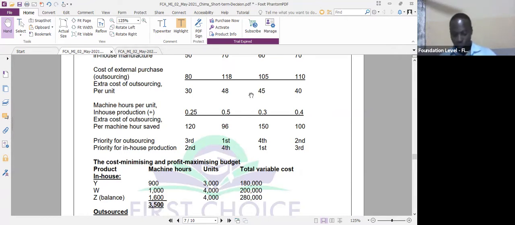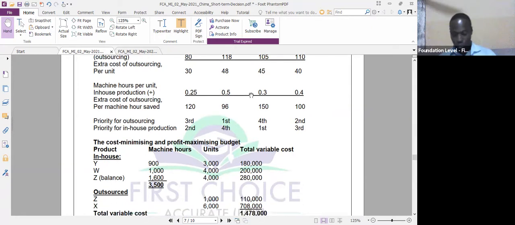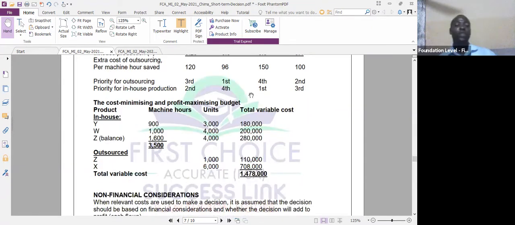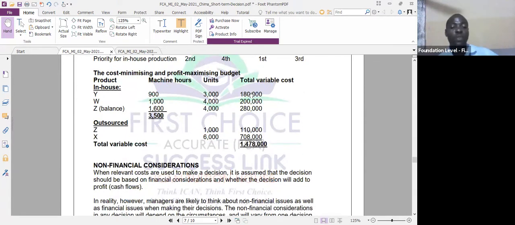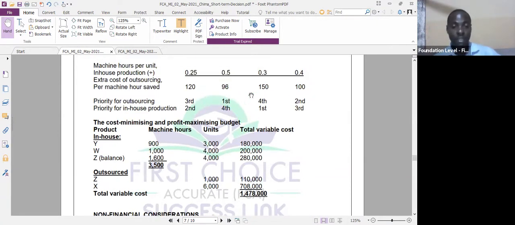Then you now go to your production. In-house production, you start with Y, which you rank as number 1, followed by Z, which is number 2, then W, and X is the balance for it. Okay, so machine hours used in making Y is 900. So how did we get that 900?